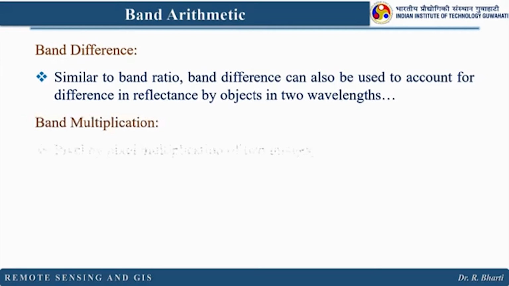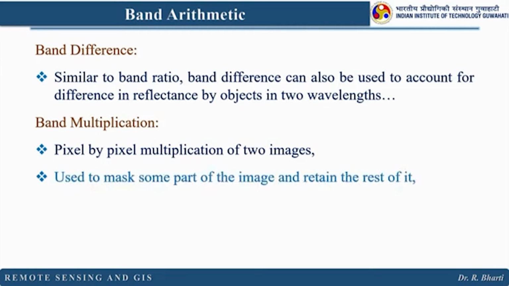Then band multiplication. Pixel by pixel multiplication of two images results in band multiplication, and it is used to mask some part of the image and retain the rest of it. How do we do this? Basically what I am trying to explain here, suppose this is your input and let us assume you have only one band image and you want to retain only a certain portion of this image, and the rest is actually not your study area. So how can we do this?